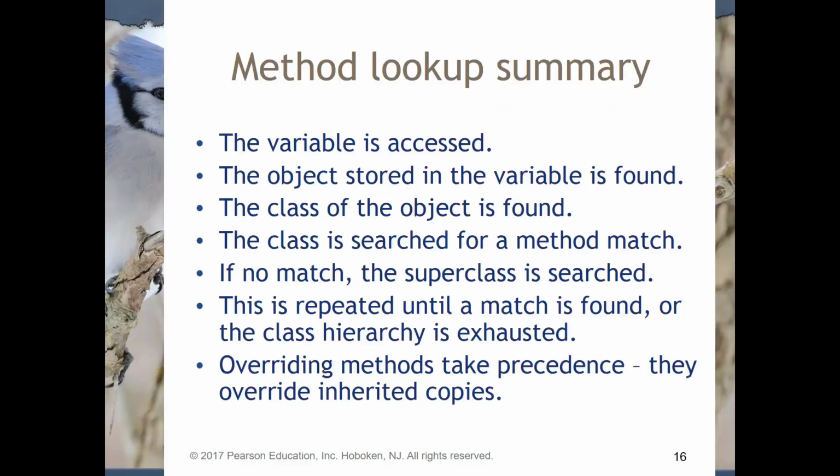The object stored in the variable is found. The class of the object is found. The class is searched for a method match. If no match, it goes to the superclass. And it keeps on going all the way up until it eventually finds it. If it doesn't, you have a compiler error. This is repeated until a match is found, which is what I just said. And overriding methods take precedence. So in other words, when there's a matching signature, that takes precedence and will go first.